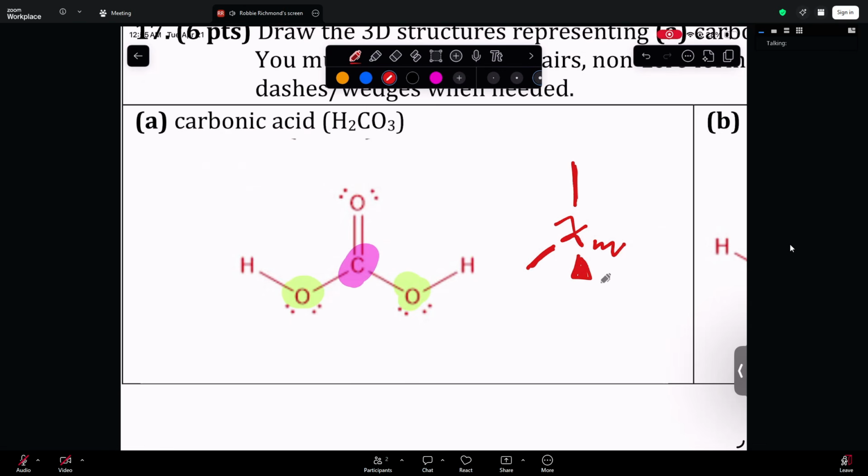So if we can say that the two electrons here are the wedges and the dashes, we don't need wedges and dashes, which makes the drawing of carbonic acid actually simpler.